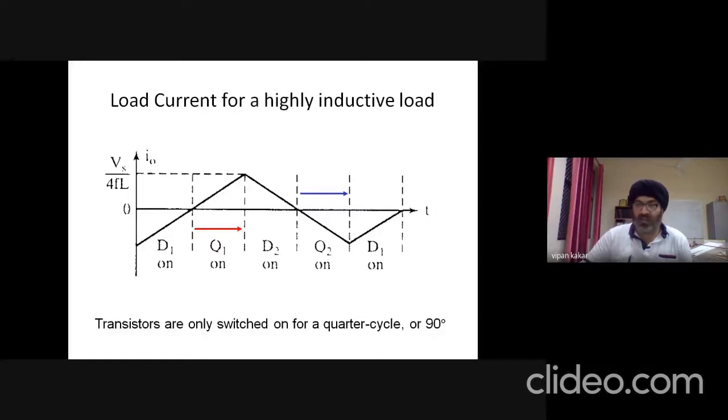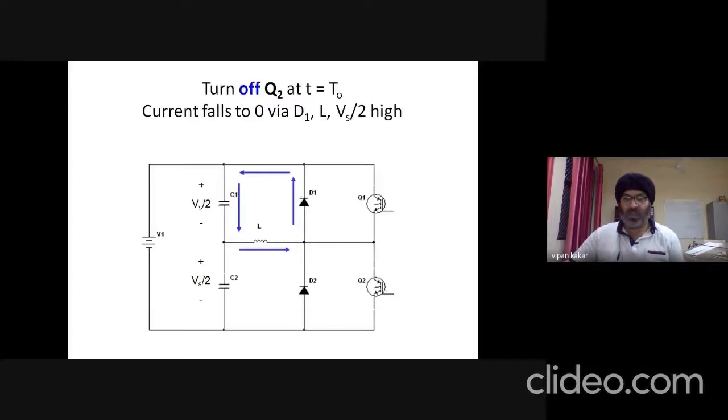And the maximum value of the current will decay to 0 in opposite direction. So again, an alternating waveform. So the current in this load is alternating depending upon the switching on of Q1 and Q2 alternatively. So during Q1, the direction of the flow of current is from right to left.